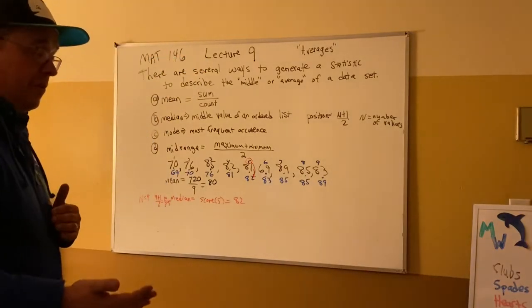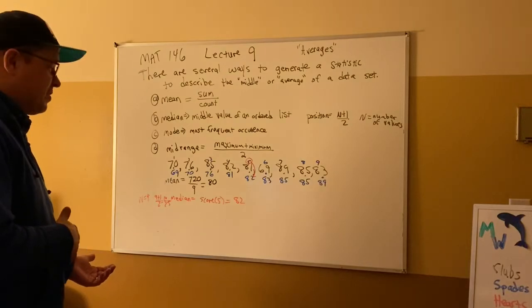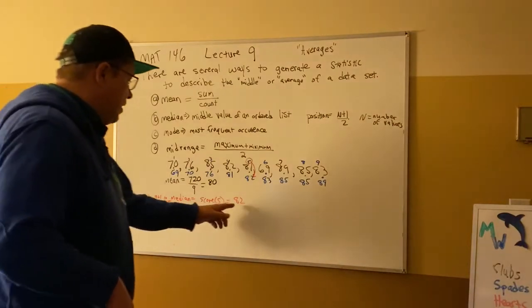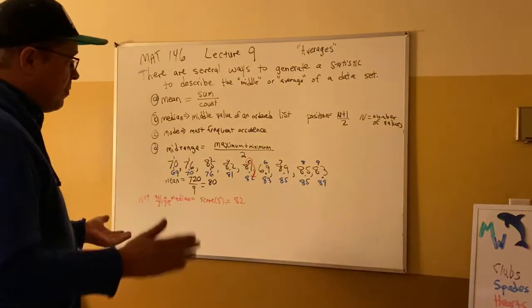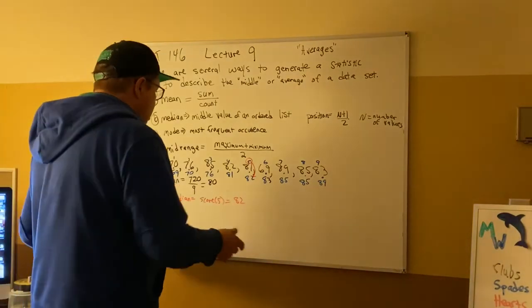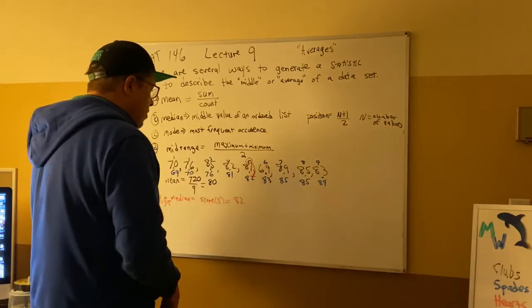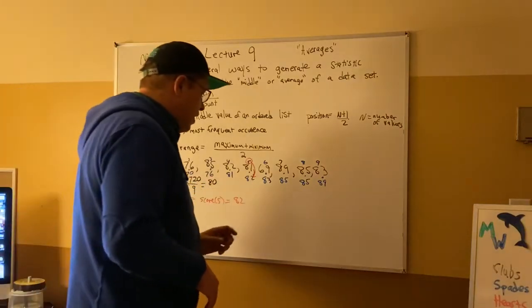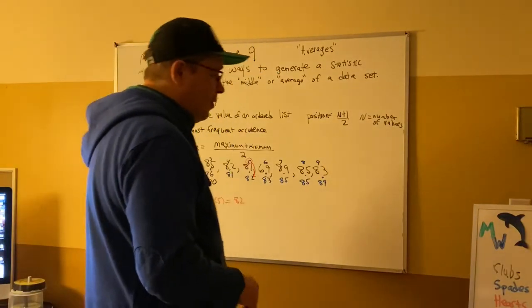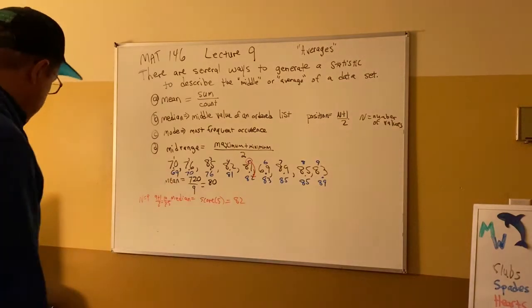Which means 3 people feel good about being better than average, and 6 people feel worse because they're worse than average. However, if we take the median, it guarantees half the people will feel like they're better than the middle, and half the people will feel like they're worse than the middle. Or at least this person with the 82 is right in the middle. We got 1, 2, 3, 4 people who feel as though they're better than the middle. One person feels he's right in the middle. 1, 2, 3, 4 people feel worse than the middle. But the median guarantees a balance on each side.